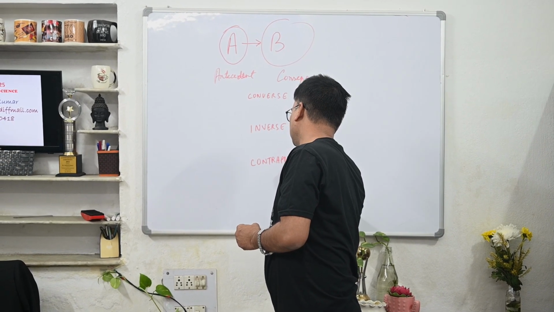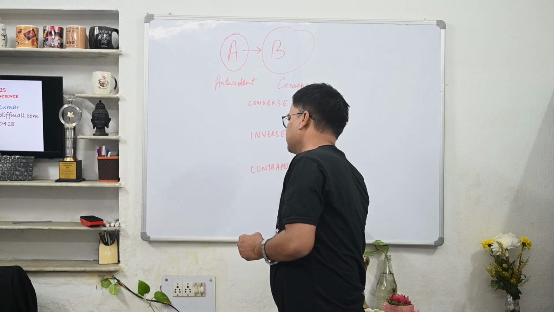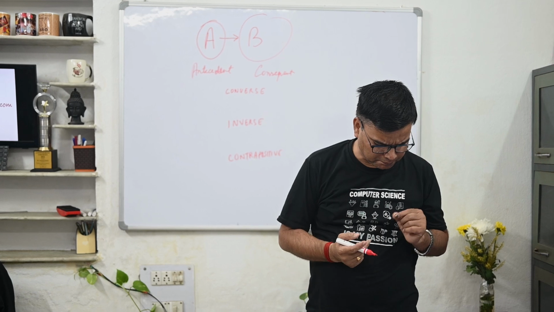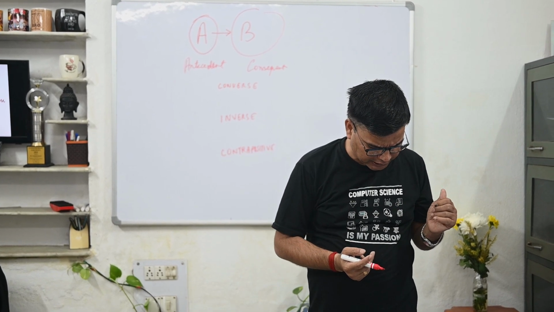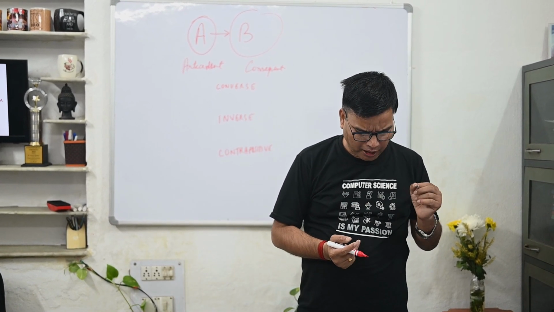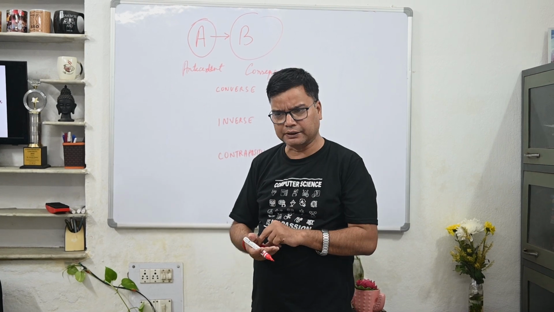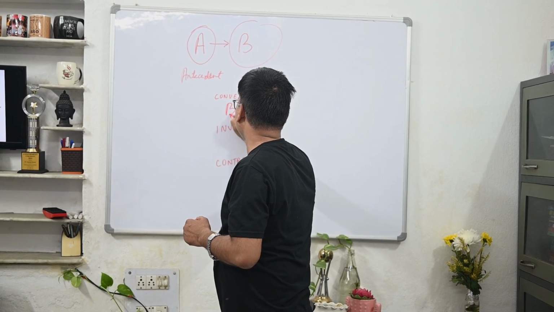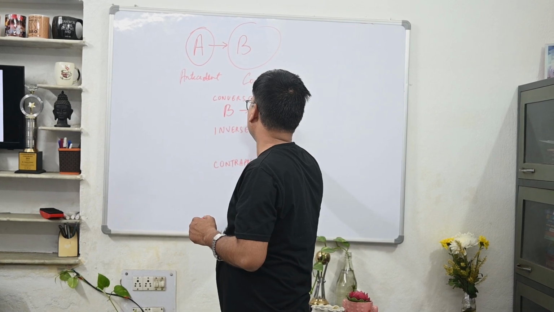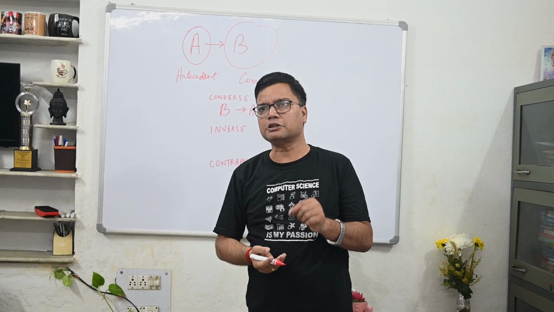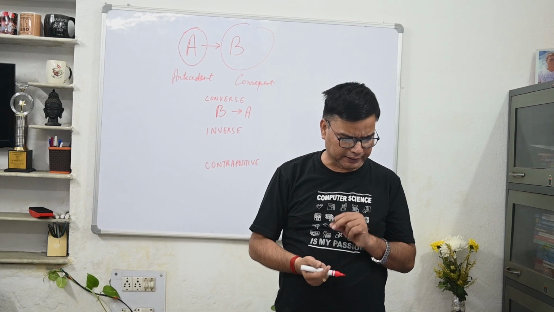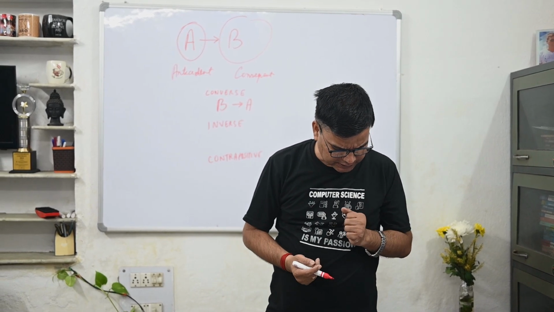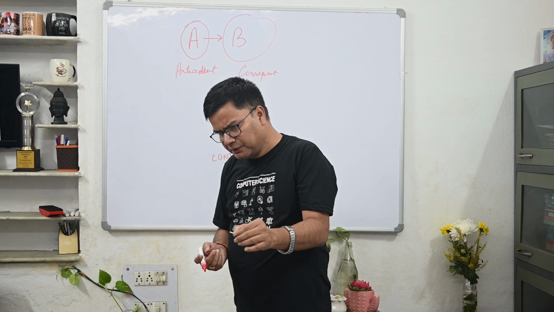Now, what is converse? If there is a statement A implies B, then the converse of this statement is the statement after interchange of antecedent and consequent. So the converse of A implies B is B implies A. Next we talk about inverse.